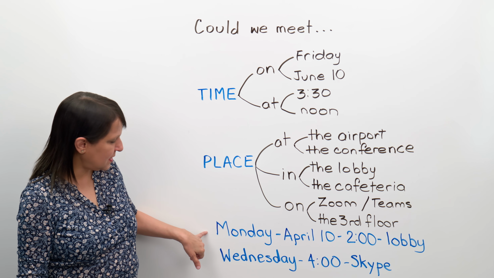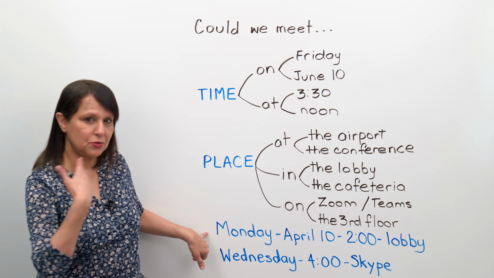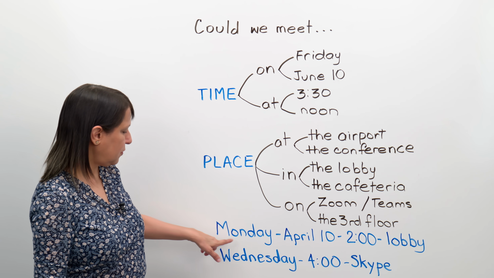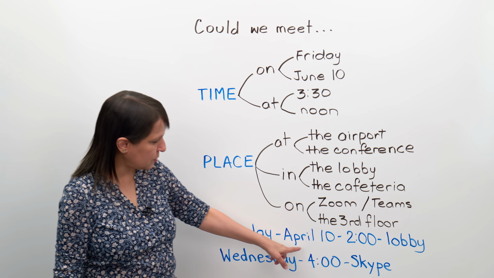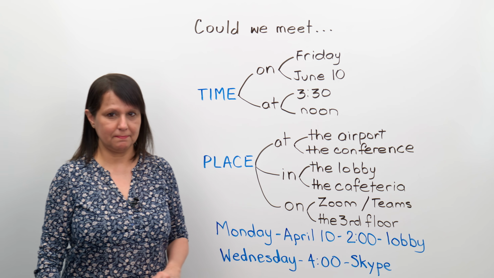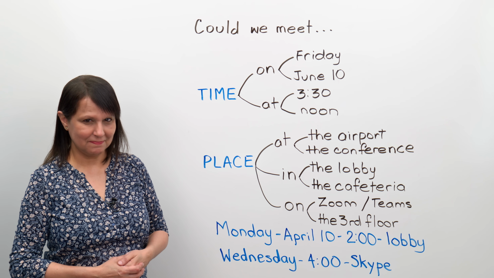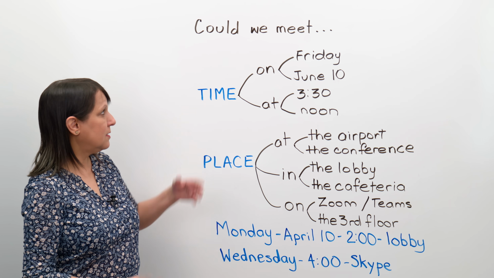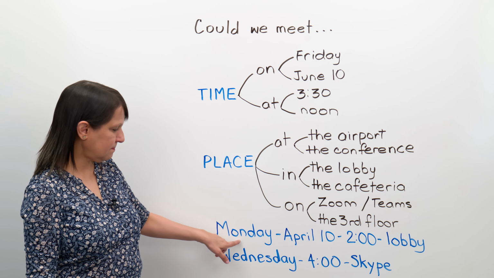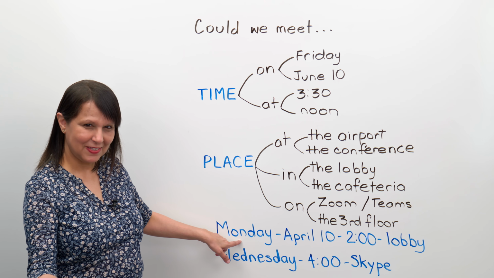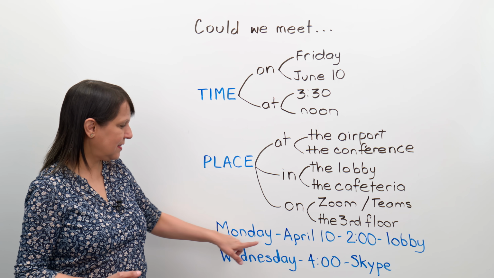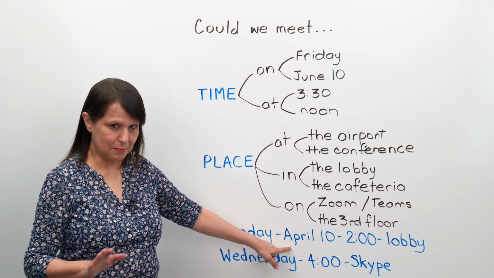So let's suppose this is the information that you want to communicate. So the information you have is Monday, April 10th, 2 o'clock, lobby. So give me the full question. What would it be? Could we meet on Monday, April 10th?